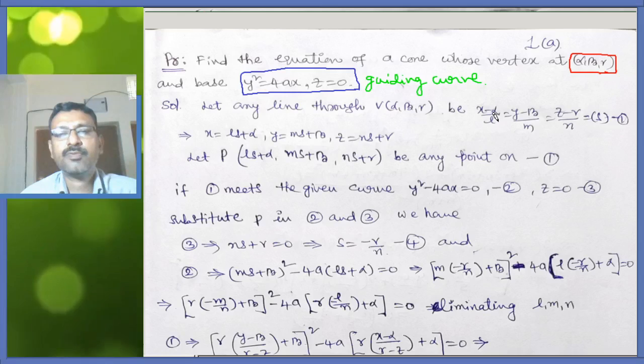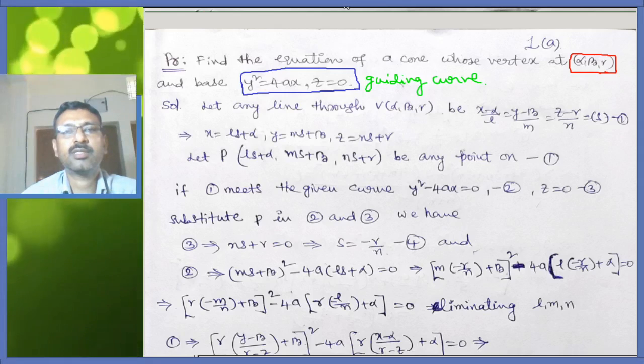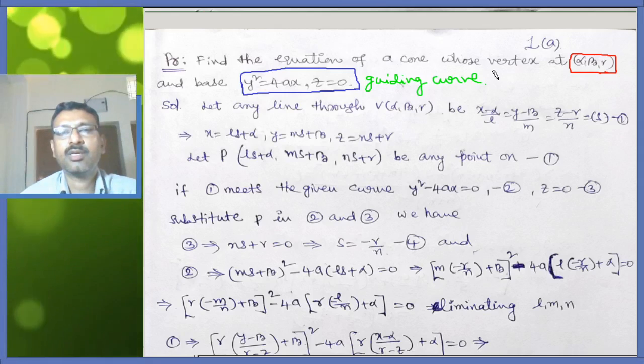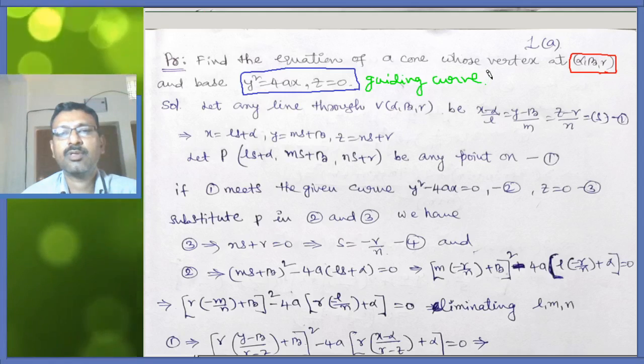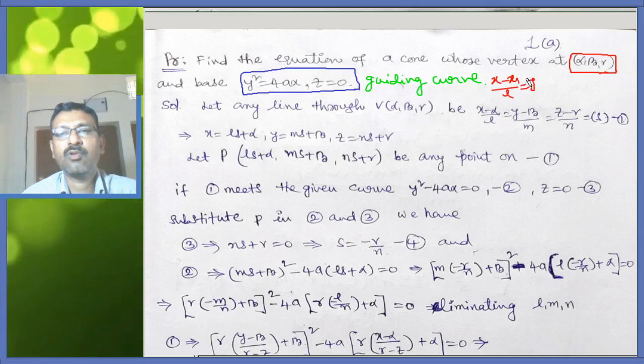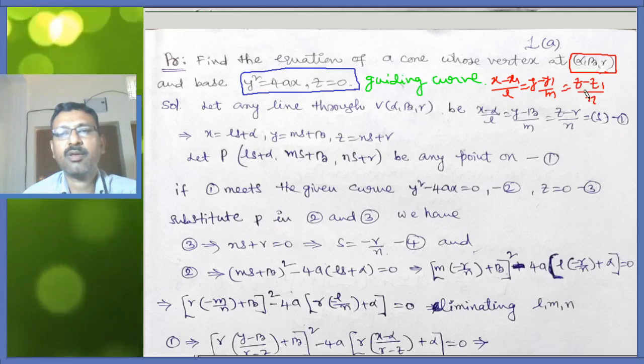The equation of the generator is written in the form of the equation of a line in symmetric form, that is (x minus x1) by l, (y minus y1) by m, (z minus z1) by n.